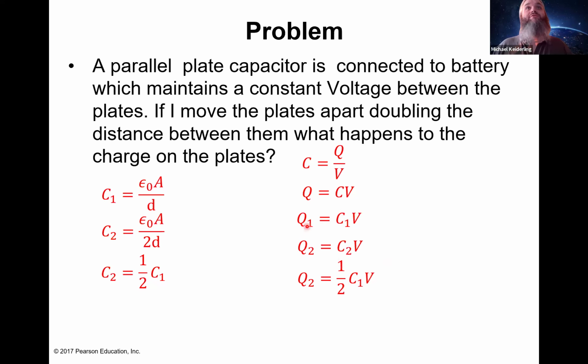But capacitance 1 times voltage is charge 1. If I double the distance between the plates on a capacitor that's connected to a battery that keeps it at constant voltage, the charge on that capacitor will cut in half.